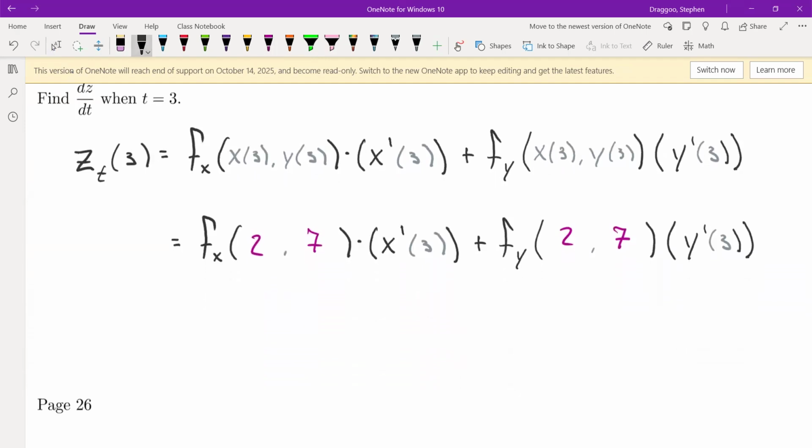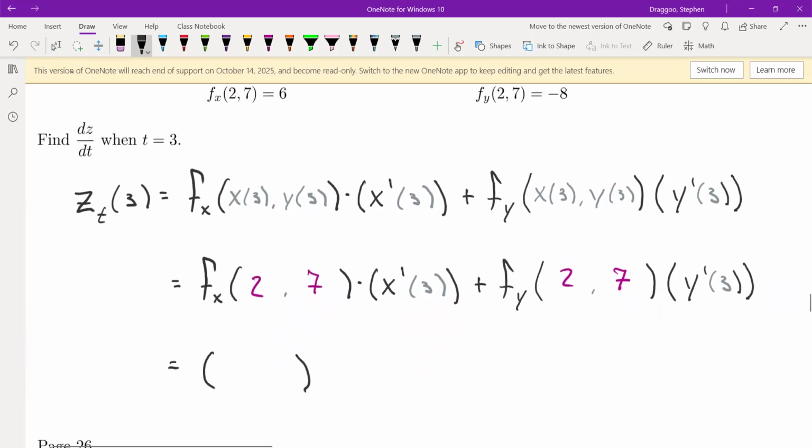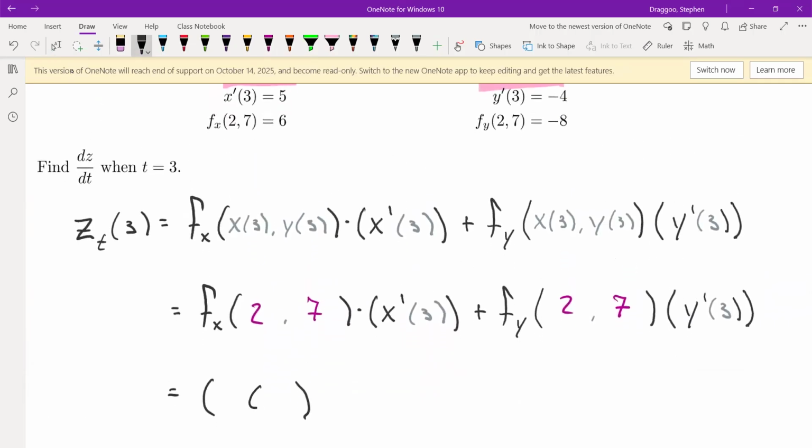And again, some of these function chains can get a little long and tedious. So let me quit talking about that and just plug some things in, because I know my x partial is 6 and my x derivative is 5. Plus, same thing but for y. The y partial is -8. The y derivative at 3 is -4.